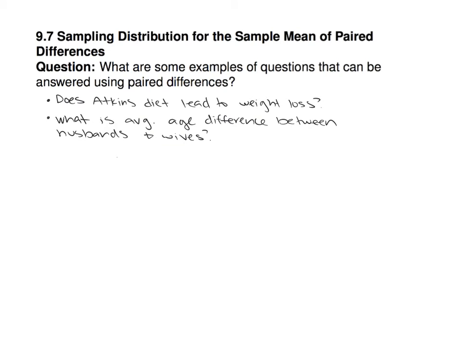The point here is that there should be some obvious pairing of your data. Before and after measurement, husband, wife, brother, sister, something like that, where somehow it's obvious that one person is paired with another.